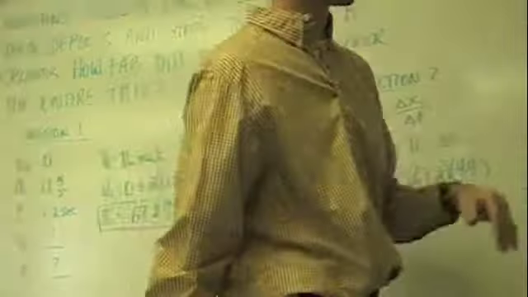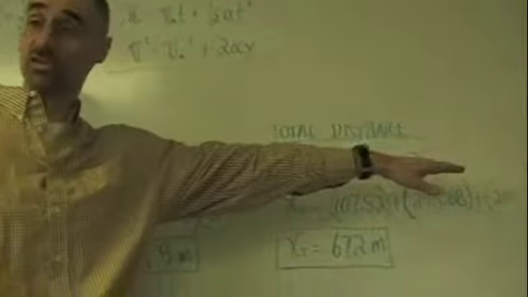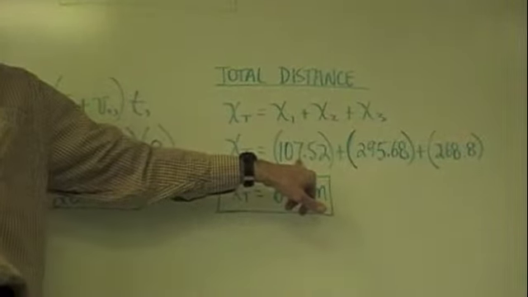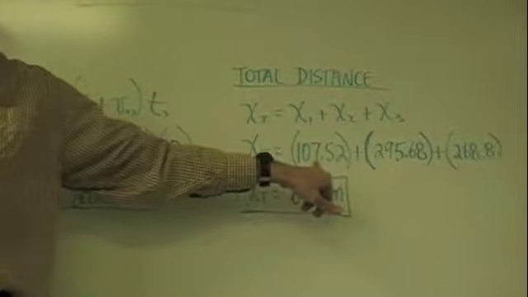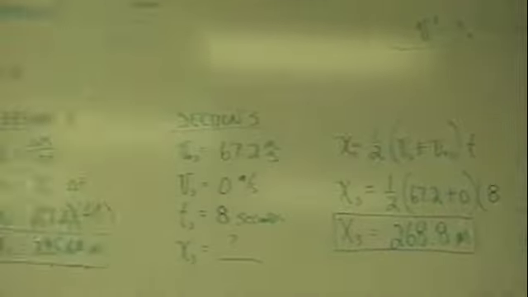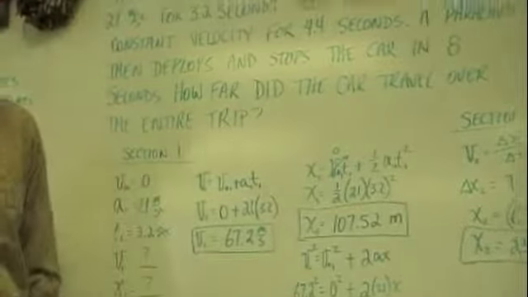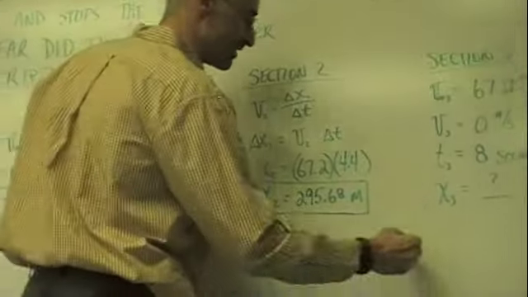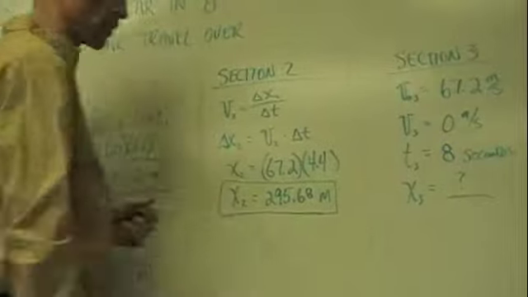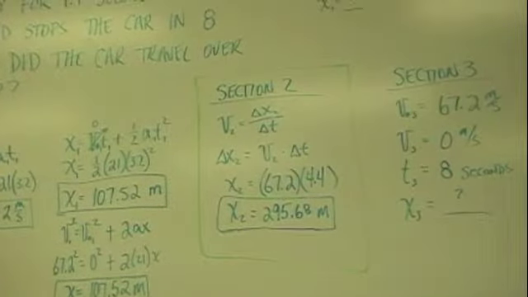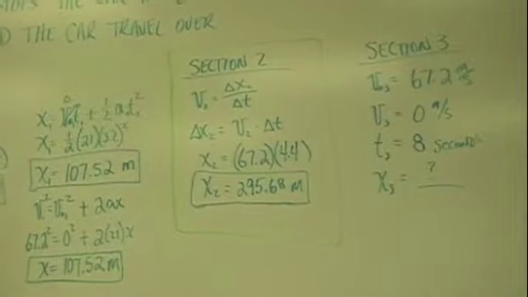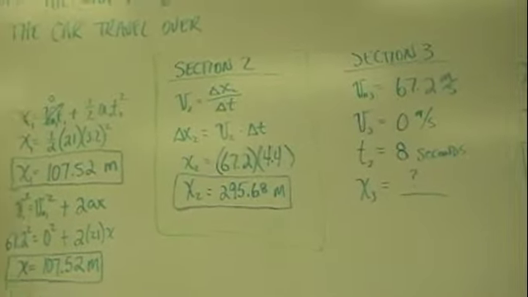Now over here at the very end here, I'm going to add all my distances together. So I'm plugging in that distance for section 1 right there. Okay. Now if we come back here, and this one is kind of interesting because you'll notice in section 2, I don't use a kinematic equation. Why don't I use a kinematic equation? Because in section 2, he's going a constant speed.